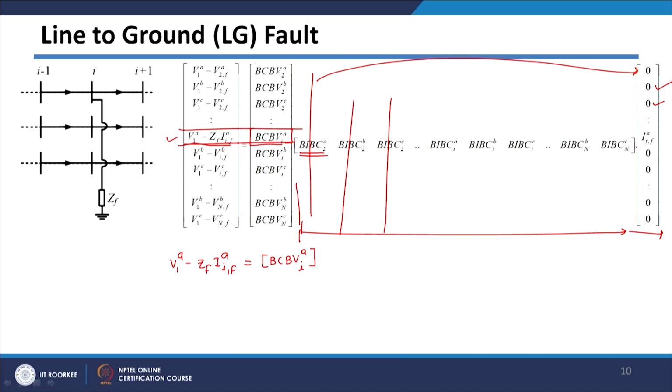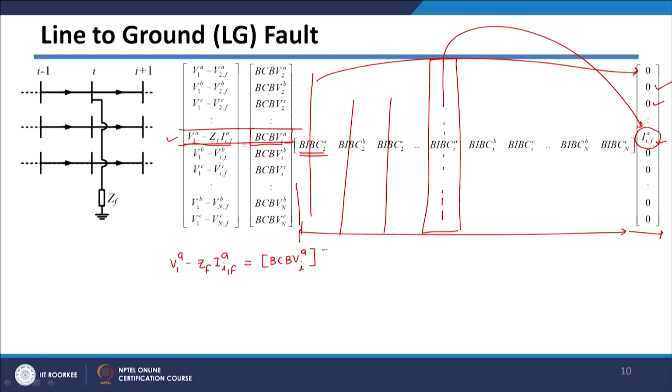Almost all columns, except the column corresponding to this one, will be multiplied with the current matrix entries that are 0. Only this column multiplied by this entry will be non-zero, because this entry will only multiply this column. So only the multiplication of this column by this fault current will be non-zero, and the others will automatically be 0.